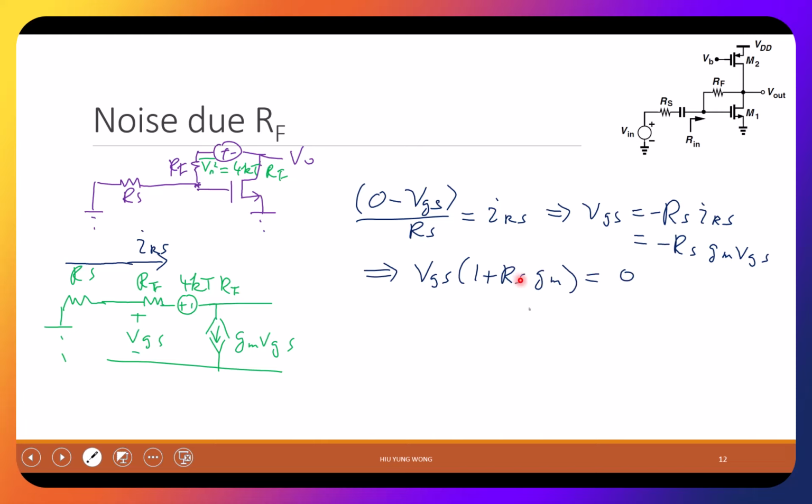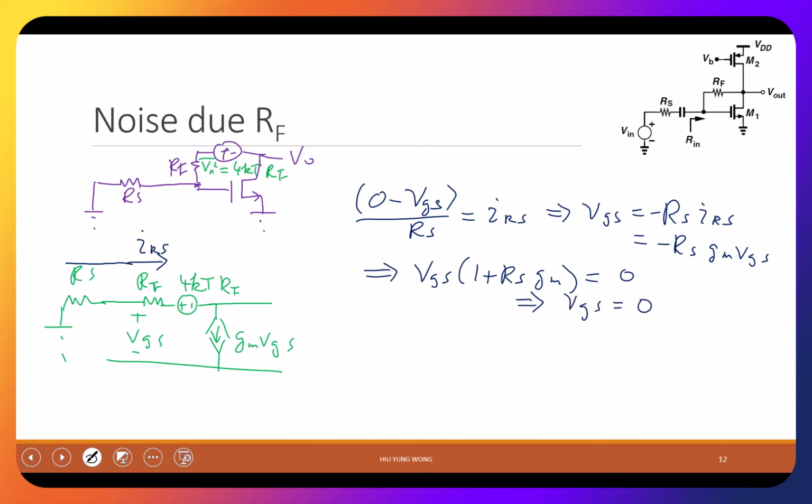Something times something equal to 0. Can this one be 0? RS is just a real resistance, 50 ohm, right? You cannot say negative, right? GM, positive. Something times something equal to 0, what does it mean? It means VGS must be 0.